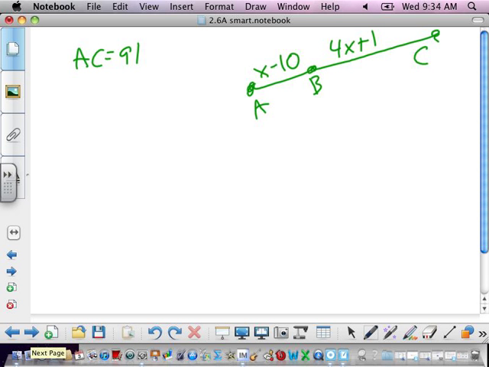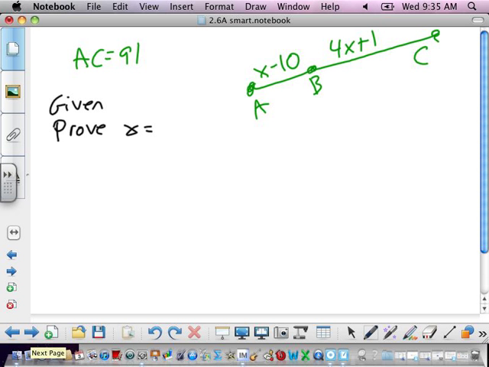Okay. I want to solve for the variable. So the end will look like what? What am I trying to prove? X equals something. And I'm given all that information.